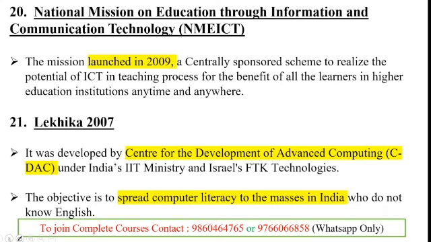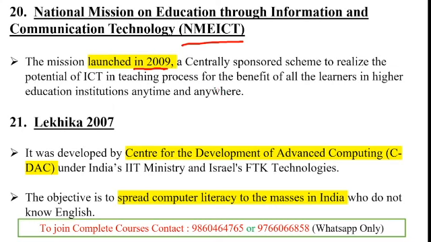Then the next one is related to the National Mission on Education through Information and Communication Technology. In this initiative, you can see the single name NMEICT. In most digital initiatives, you can see the word. It was launched in 2009 and is a centrally sponsored scheme that realized the potential of ICT in the teaching process.